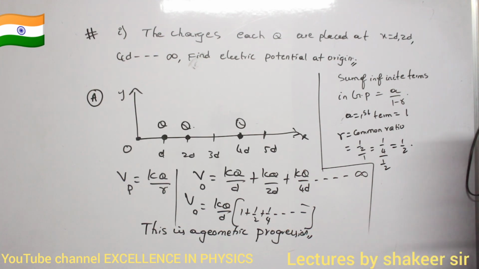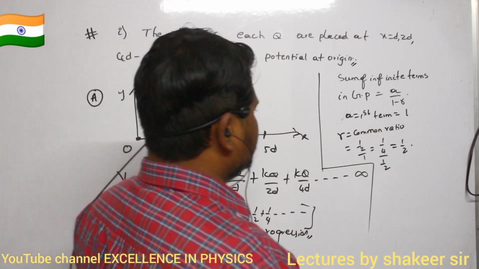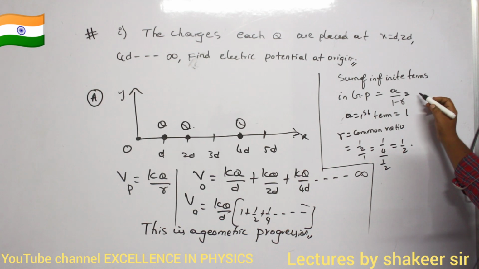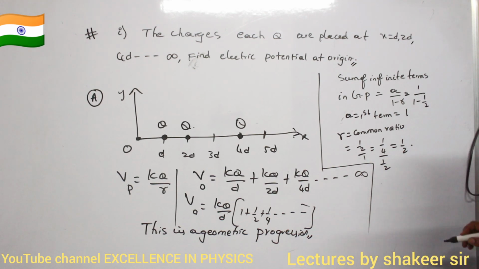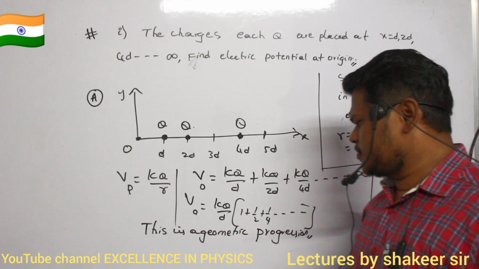Now just substitute the values, and that should be our answer. So a by 1 minus r: a is 1, so 1 divided by 1 minus 1 by 2. 1 minus 1 by 2 is 1 by 2, and 1 divided by 1 by 2 is 2. That is our answer.